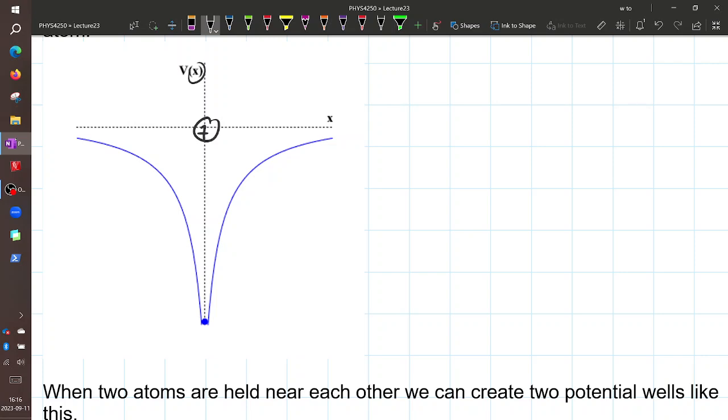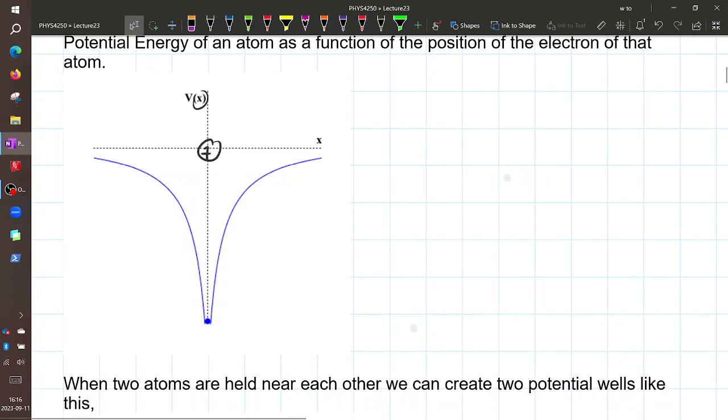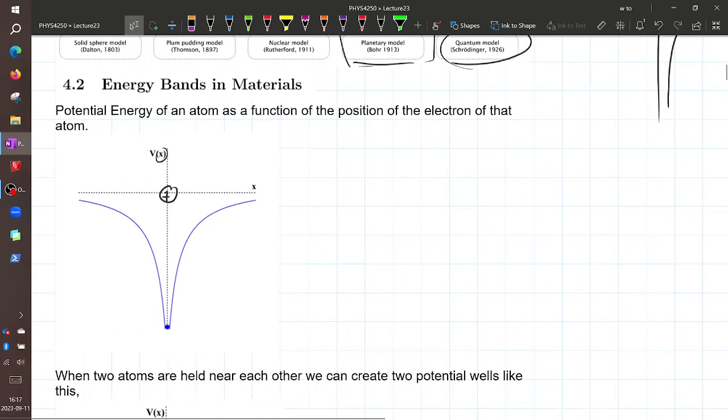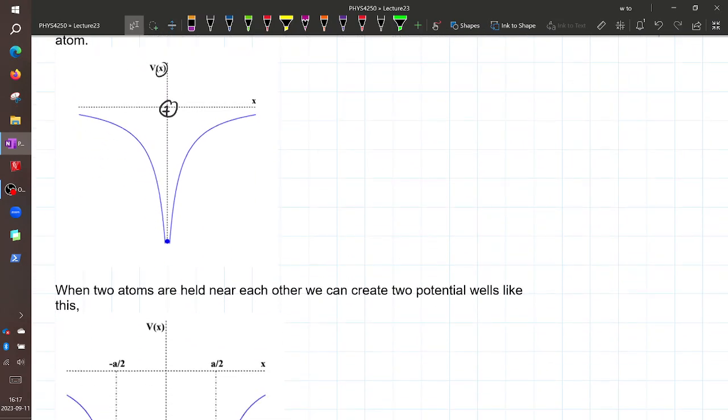So as the electron gets closer and closer to the positive charge, you're digging yourself into a deeper and deeper well. And that's all you want to think about. The closer the electron is to the nucleus, the deeper inside the well it is.